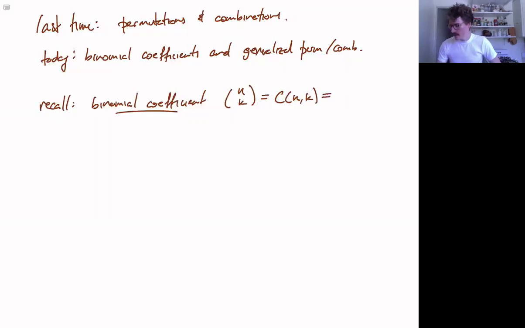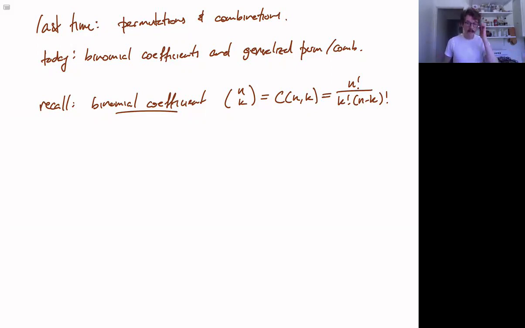And we saw last time that there's a formula for this, which is n factorial divided by k factorial times n minus k factorial. So this is the definition of a binomial coefficient.